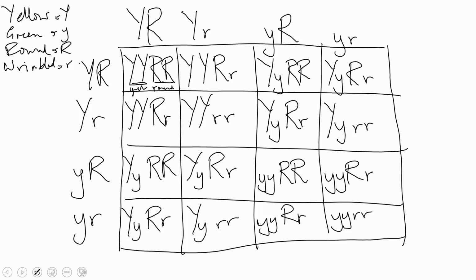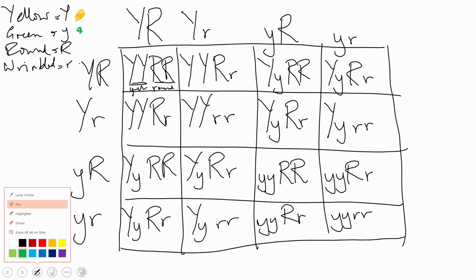Next one, why don't I just try and use another color? We're going to use yellow, and then green. This might take a while, but we could do this. Let's say round is blue, and maybe purple for wrinkled.